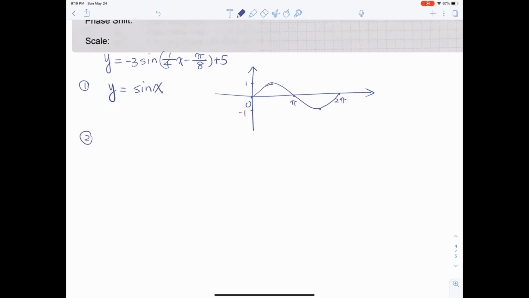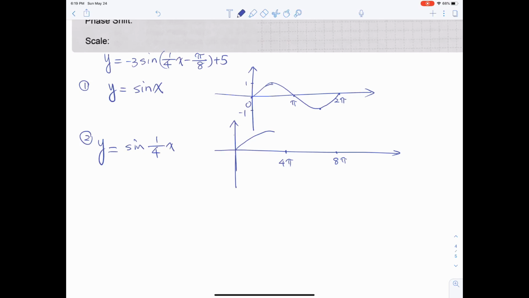Okay, now we do the second step. y equals sine of 1/4 of x. So how much does it stretch? You need to times by 4. So every 8 pi is 1 cycle. Instead of pi, it will become 4 pi, and instead of 2 pi, it will become 8 pi. It's like this.